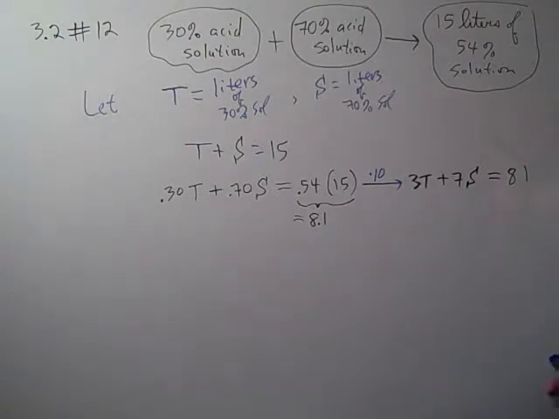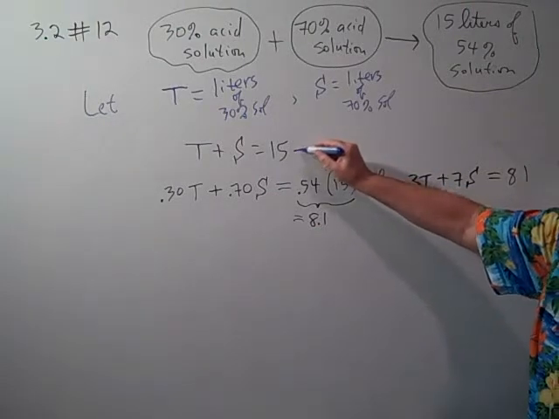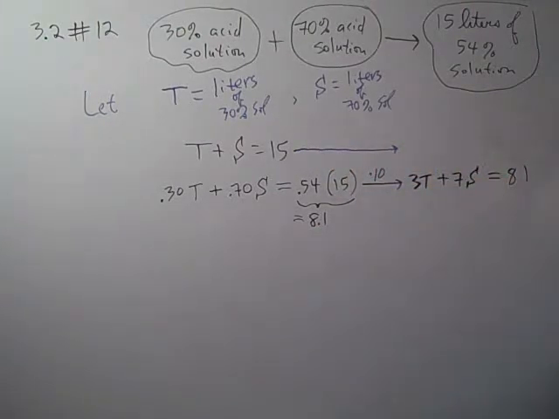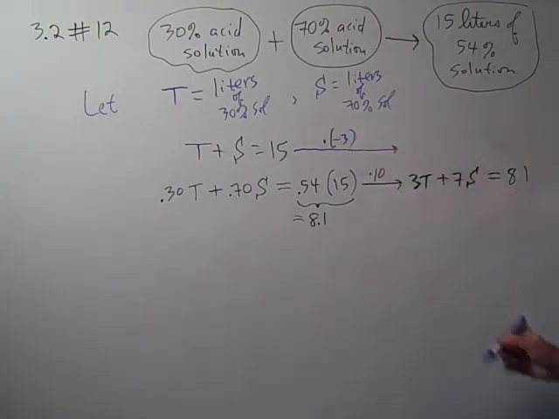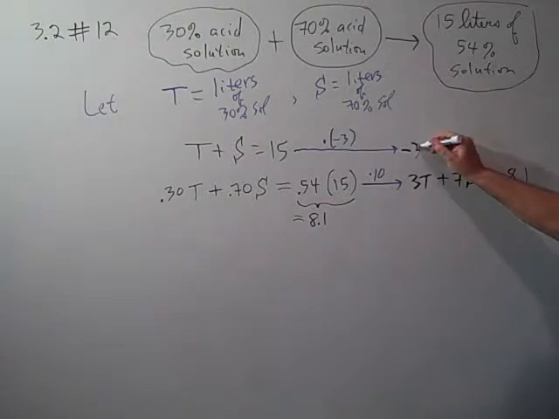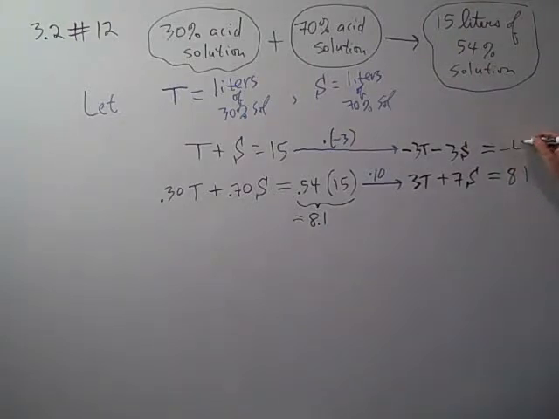Now we want to eliminate a variable from the first equation by adding the two. So the first one, if we multiply it times -3, then we'll have -3T, which will cancel with the 3T from the second equation. So in fact, we have -3T, then -3S equals -3 times 15 is -45.